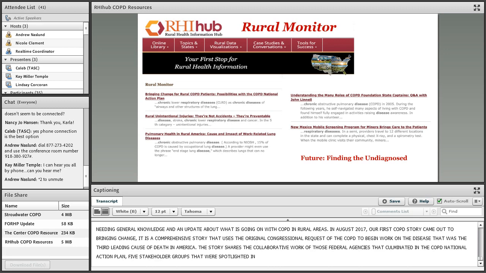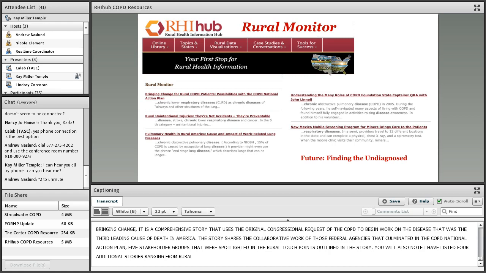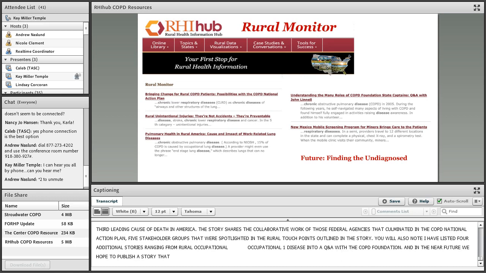You'll also note I've listed four additional stories there, ranging from rural occupational lung disease to a Q&A with a patient advocate associated with the COPD Foundation. And in the near future, we hope to publish a story that's focused on the patients in rural areas that have COPD and yet haven't been identified.